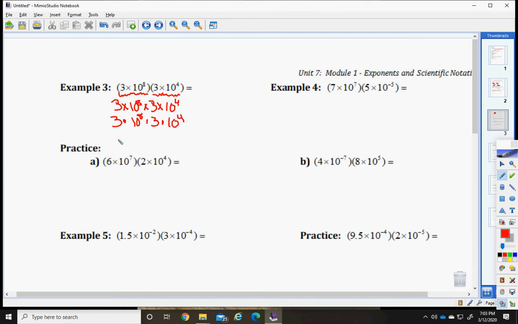I would like to use a commutative property and just rearrange this. And then I know that 3 times 3 is 9.